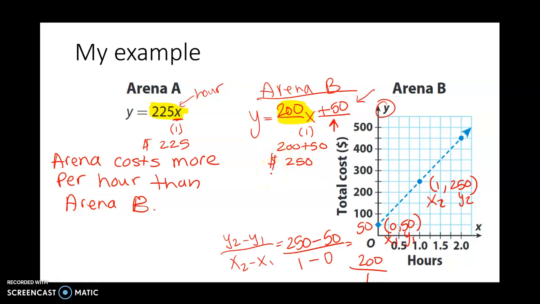So for exactly 1 hour, arena B technically costs more than arena A. But we just wanted to compare the slopes, and technically arena A charges more than arena B. Eventually, this extra money they tacked on won't matter if you're using the arena longer than an hour. You can calculate that mathematically. But the bottom line is I need 2 equations and I need a comparing sentence comparing the slopes.